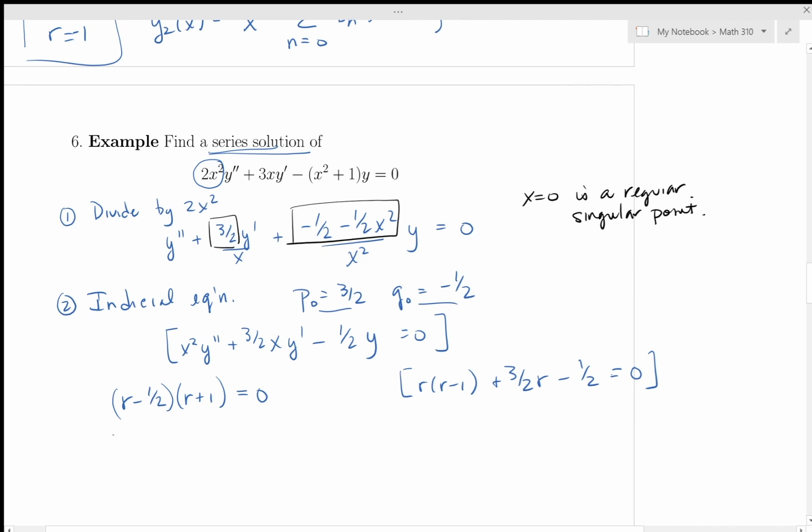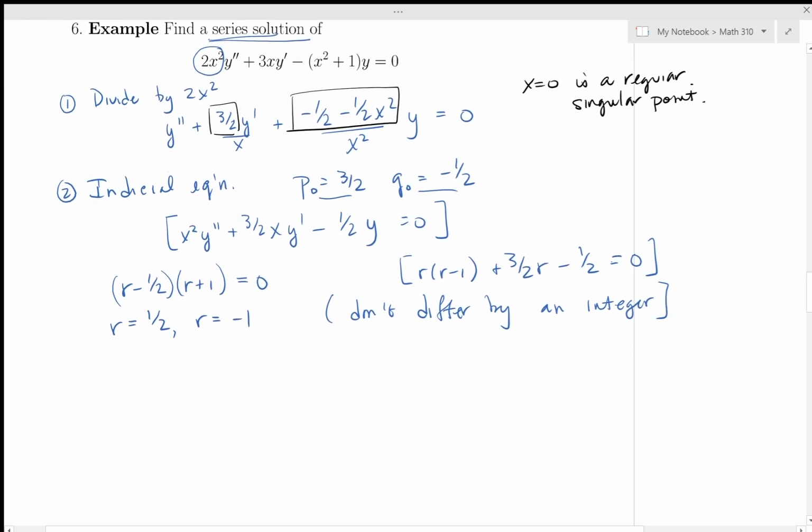That gives us that r is a half and r is minus 1, as before. They don't differ by an integer. Therefore, I have two Frobenius series as possible solutions to this differential equation.